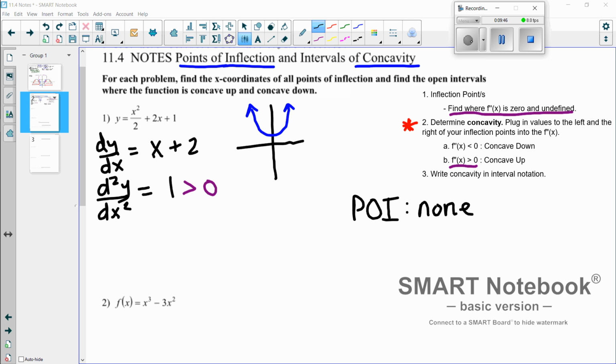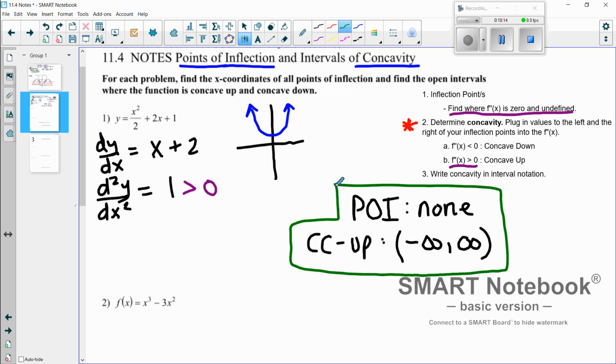And then our interval notation, well, it's concave up, okay? And within the interval of, guess what? Since this parabola goes negative infinity to positive infinity, our concavity is going to be the same. So negative infinity to positive infinity. Okay? And that's just number one. We're done here. This is what we'll box as our answer.